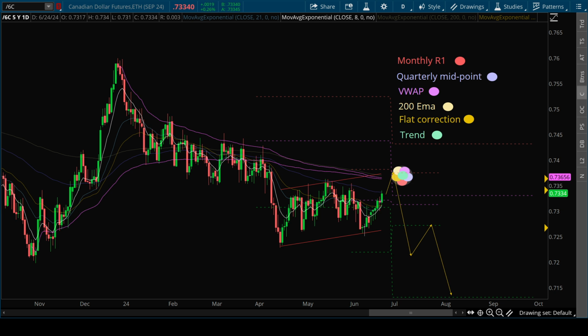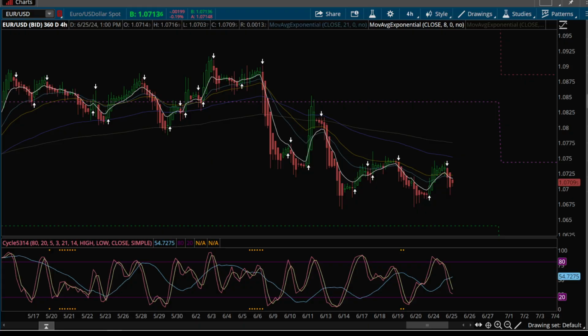This would be your daily 200 on USD CAD. So I just want to bring that up. If price makes it down to our daily 200, we have one hell of a trade on our hands. So with that being said, let's check out some charts now.